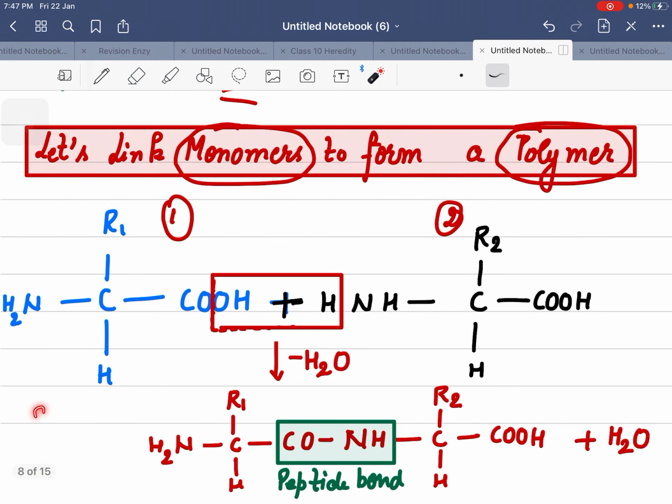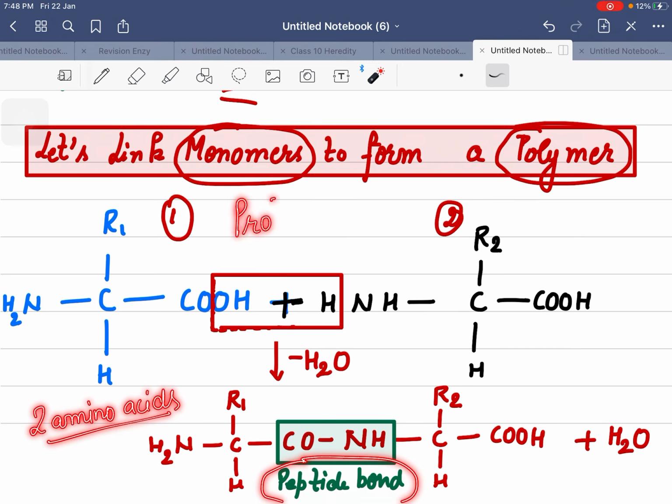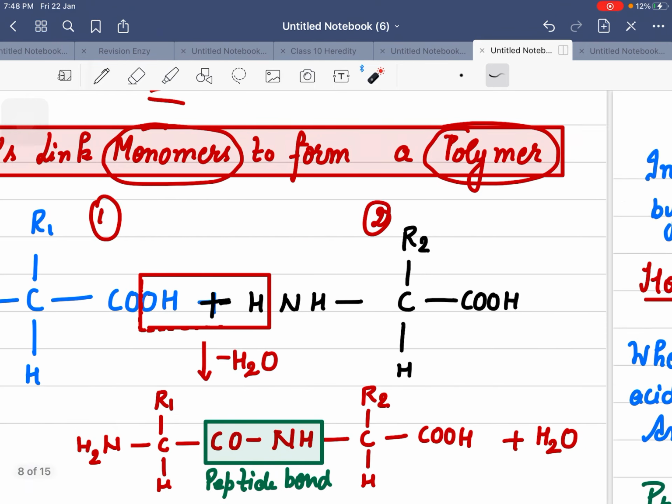So two amino acids can be joined with the help of a peptide bond. It means if I have to make a protein, I will join many amino acids, and a polypeptide structure will be formed, and this polypeptide structure is known as a protein.